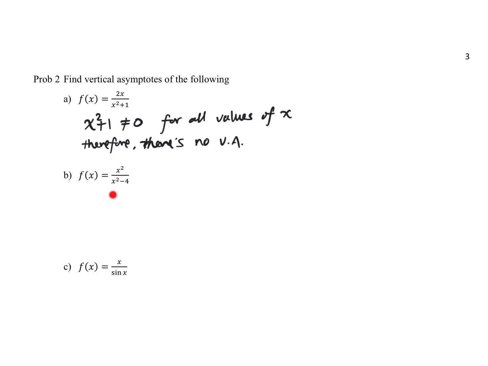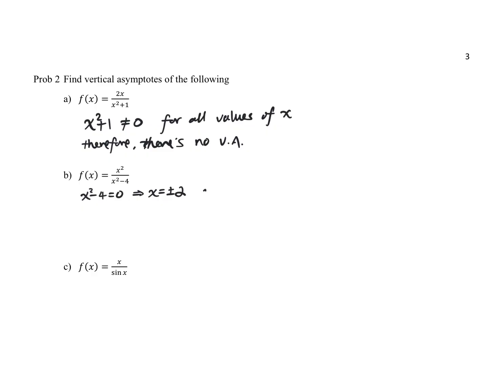Now let's take a look at the second function. The vertical asymptote happens when the value makes the denominator 0, but not the numerator. So let's set the denominator to 0. x squared minus 4 equals 0. And this gives us two values, plus or minus 2, right?